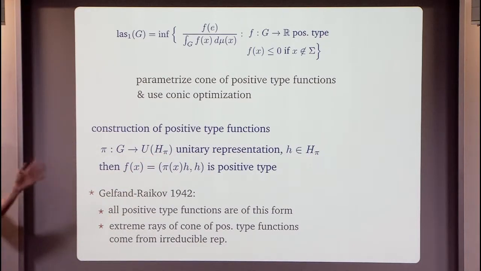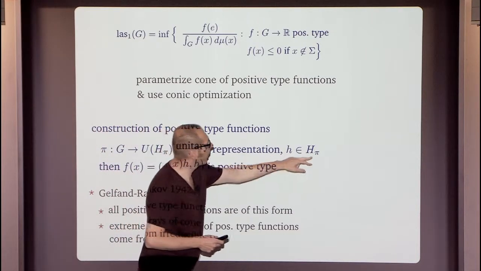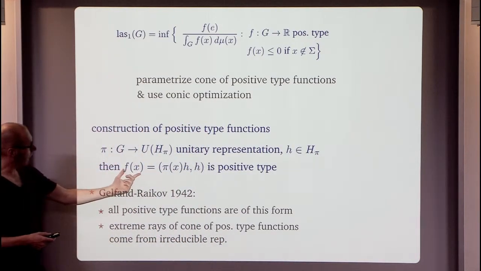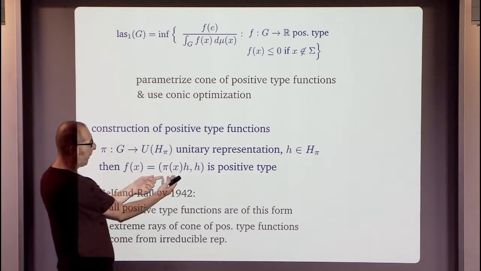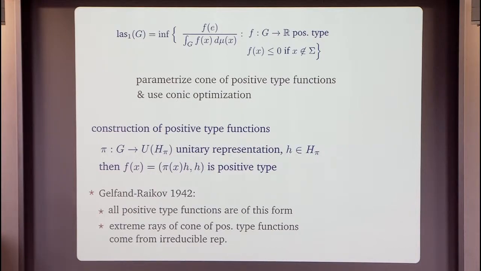It can be finite dimensional, infinite dimensional, or one dimensional. Then we have a vector h lying in the Hilbert space, and we construct a function f of x as the inner product of pi(x)h with h. And then it's easy to see that this is a positive type function. Very easy exercise. It takes 1 minute to solve.